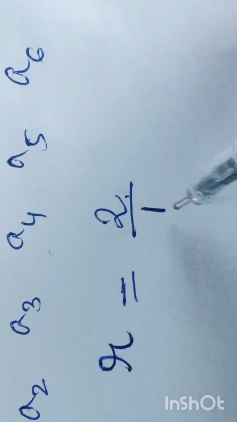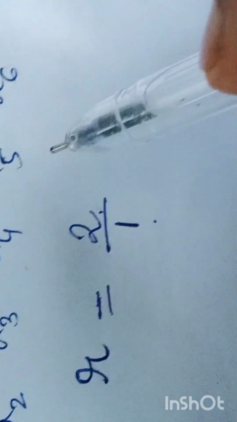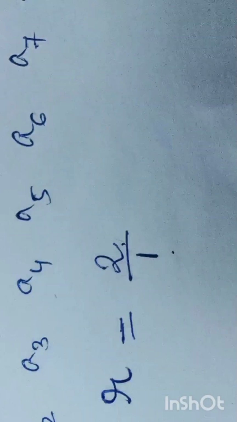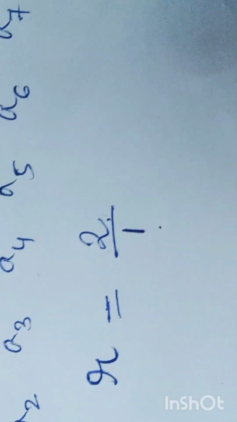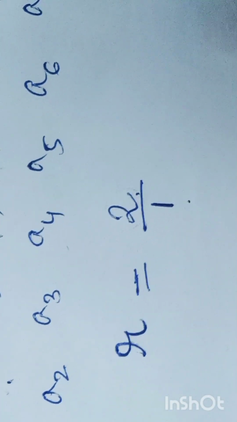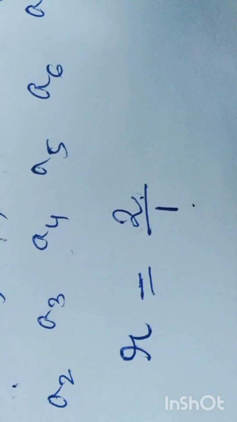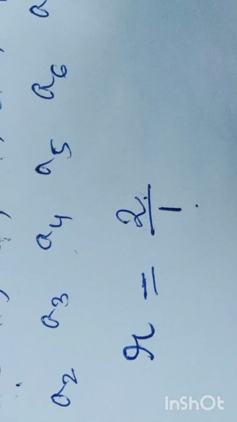So in this sequence, we have seen that there is a common ratio 2 by 1. So in this type of sequence where we get a common ratio, this type of sequence is called geometric progression.